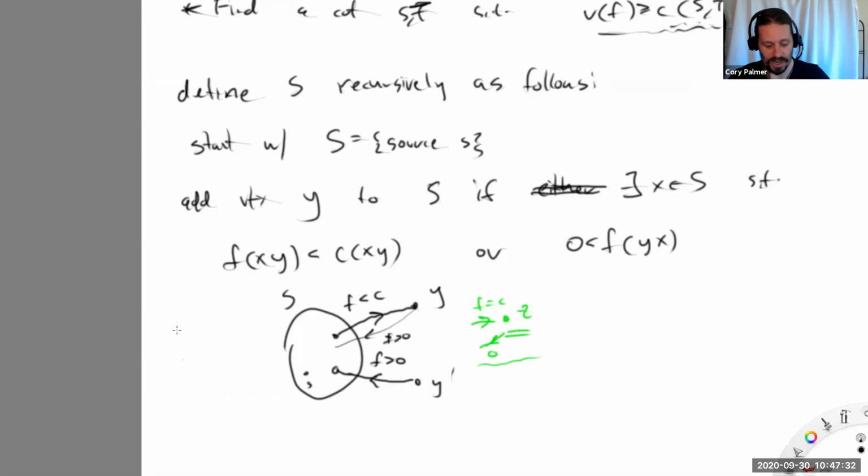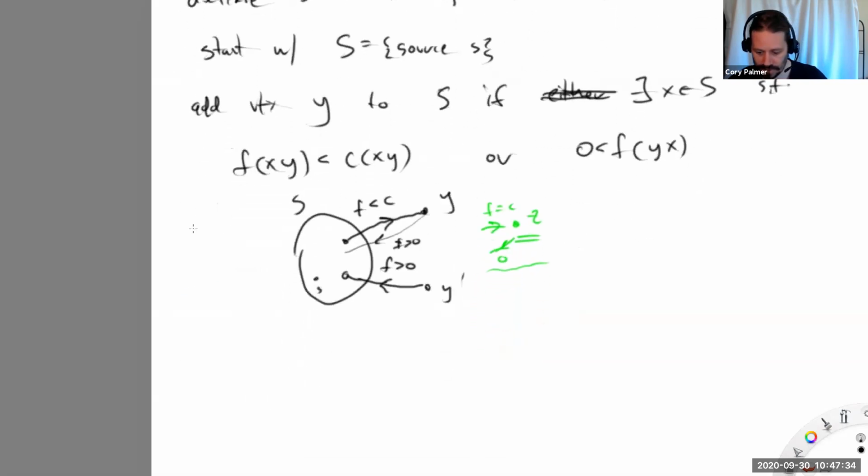So let's actually check if that happens. So is T in S after we finish this procedure? This procedure clearly terminates because there's a finite number of vertices, right? Eventually it'll stop.